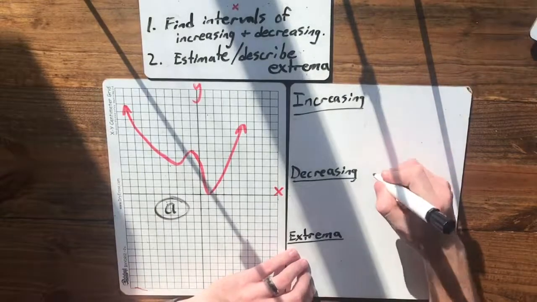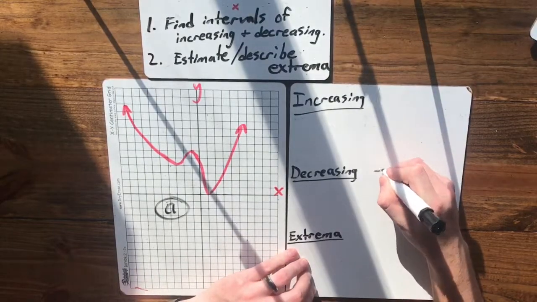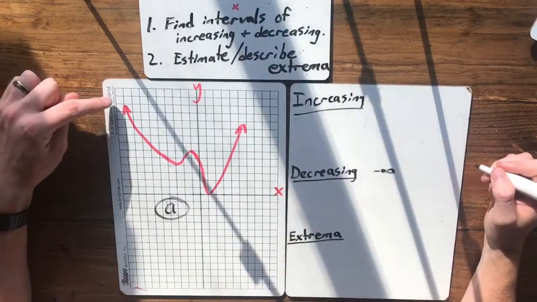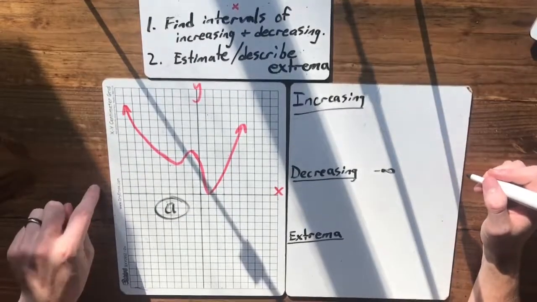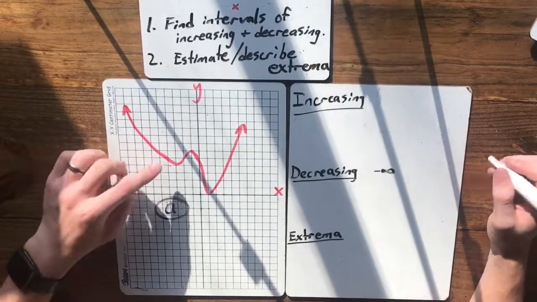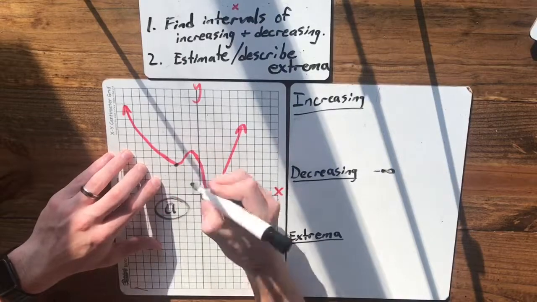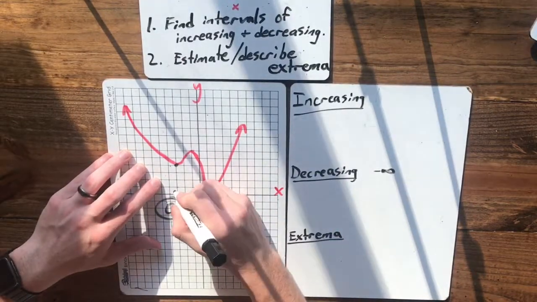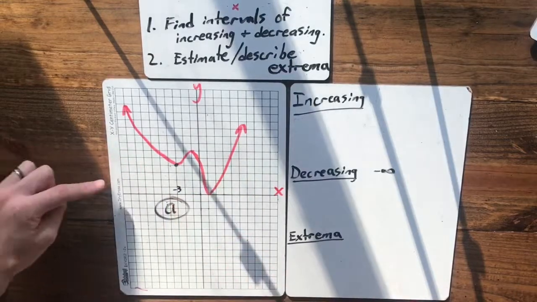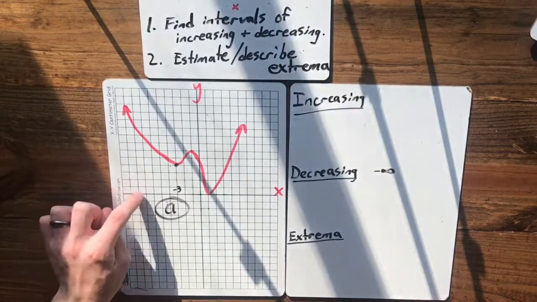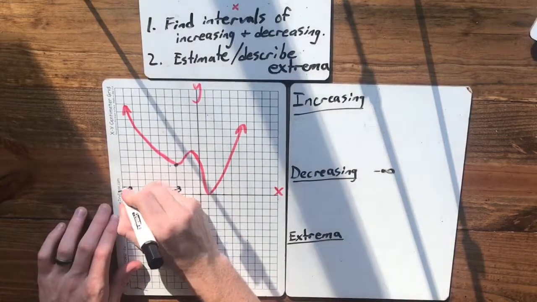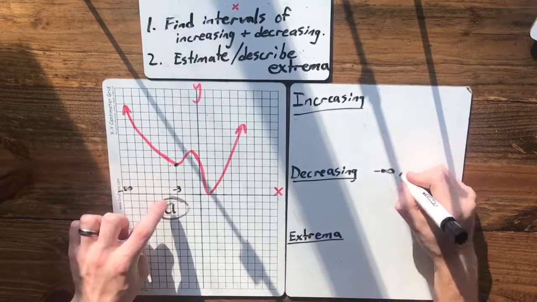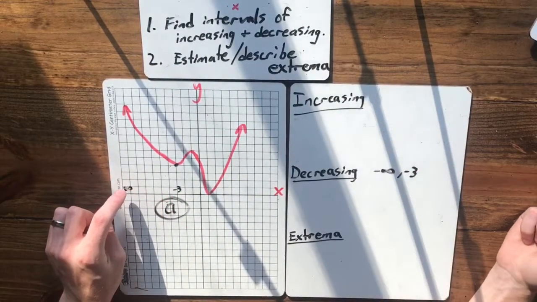It's going to start decreasing at negative infinity, way over here to the left, and it continues to go down until about right here, when my x value is negative 3. So it decreases from x values negative infinity all the way to negative 3.